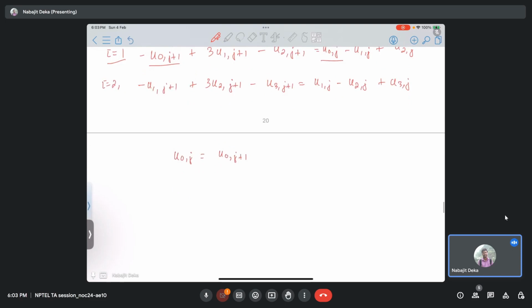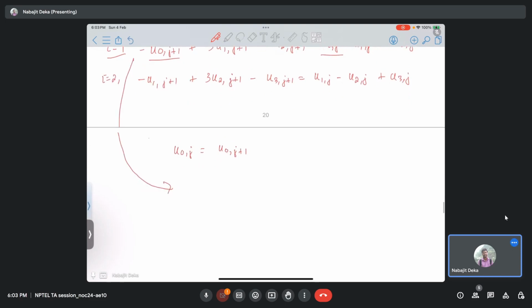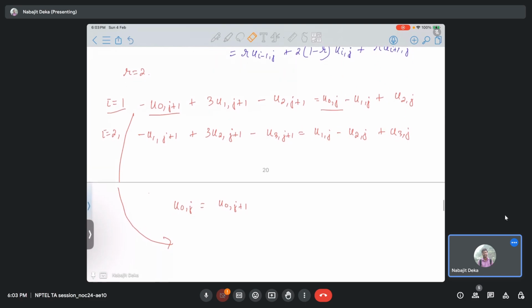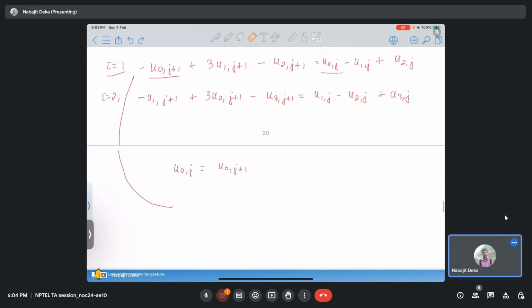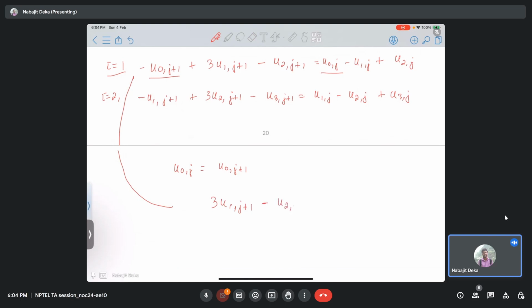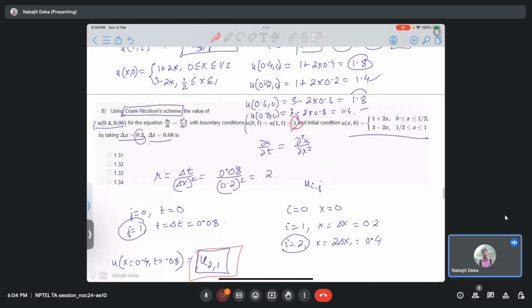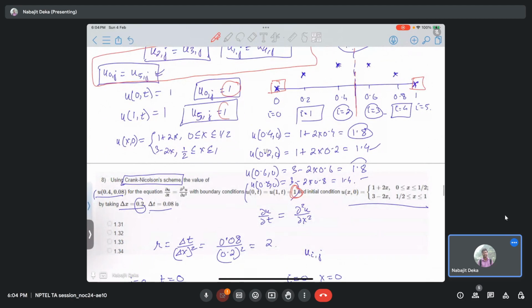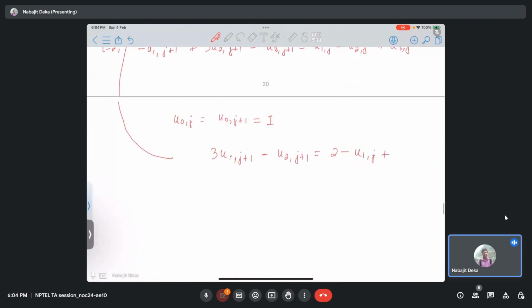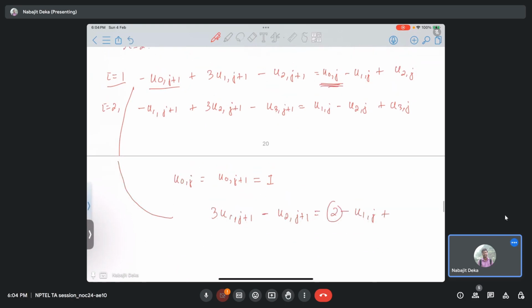So for that, what we'll get effectively is 3 u1 j plus 1 minus u2 j plus 1 equal to 2 minus u1 j plus u2 j, and this is equal to 1, the boundary condition that is given as 1.